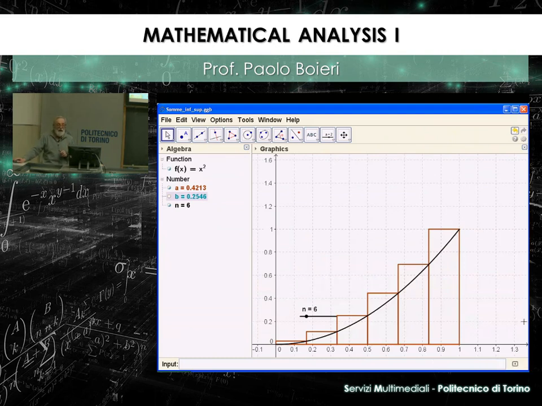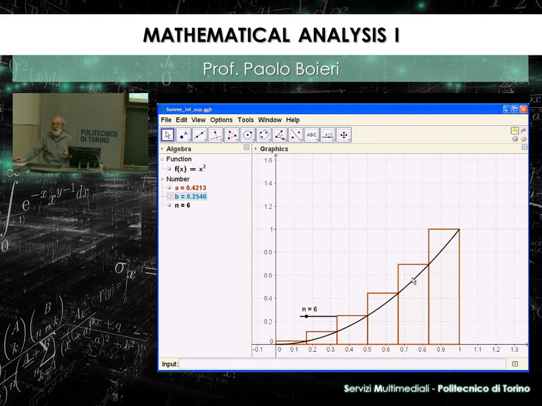In each sub-interval, I choose as a step function the function whose constant value is exactly the maximum of the function x squared in the subinterval. Do you understand clearly this? In this subinterval, the value of my step function is this, and this value is the maximum. Fine. In the other interval, the value is this, and the value is the maximum.